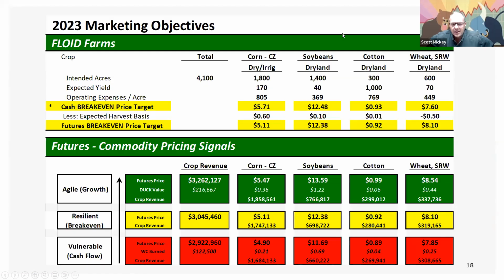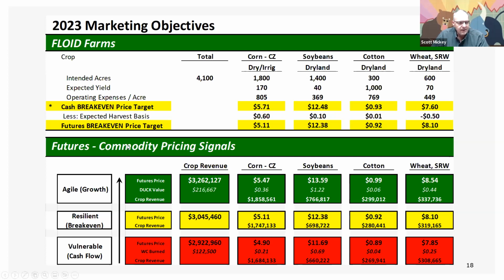So the farm that I use is called Floyd Farms, and in this operation, they're growing about 1,800 acres of corn, dry and irrigated, and about 1,400 acres of soybeans. They cut their cotton to 300 acres this year, and they have 600 acres of double crop winter wheat.